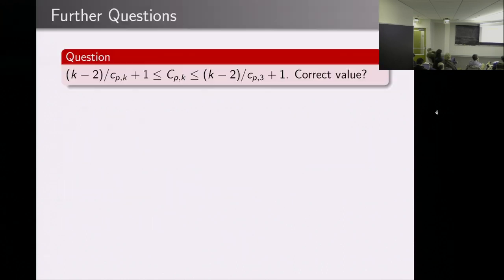Okay. So this brings me to further questions. The first question is, we have these bounds on CPK, and what is the correct value? The upper bound that we get is what you would get if you could have as large a k multicolored sum free set as a 3 multicolored sum free set.